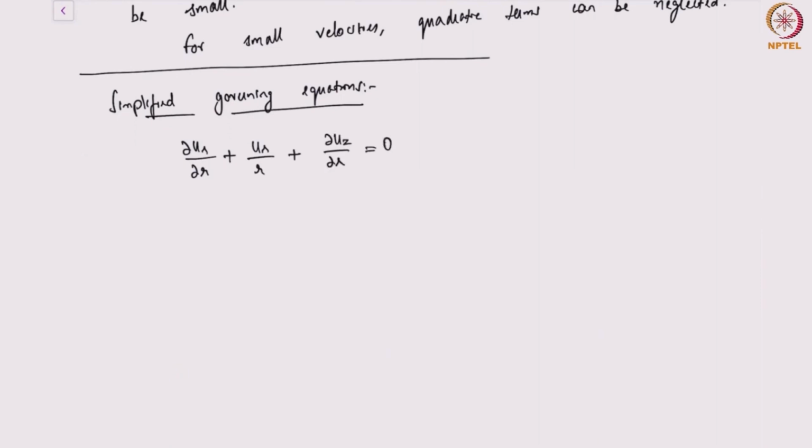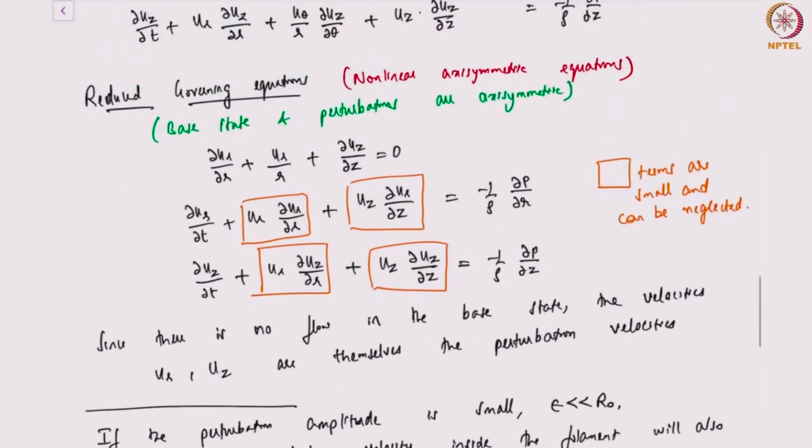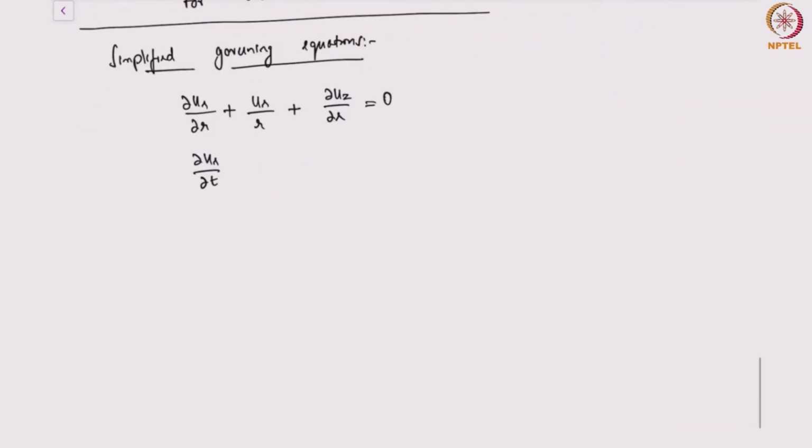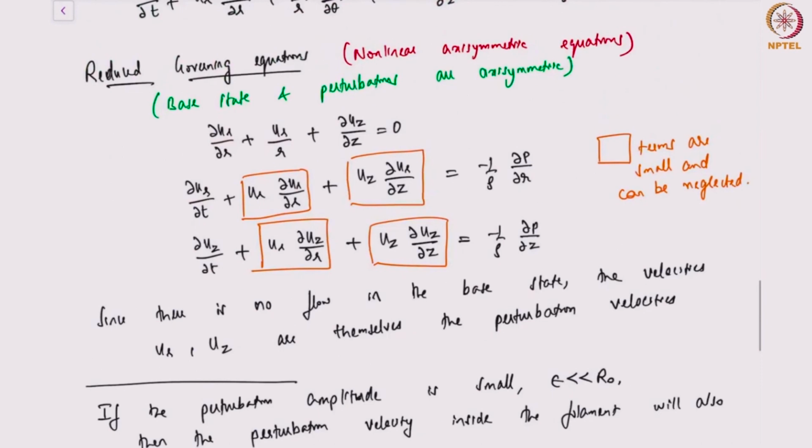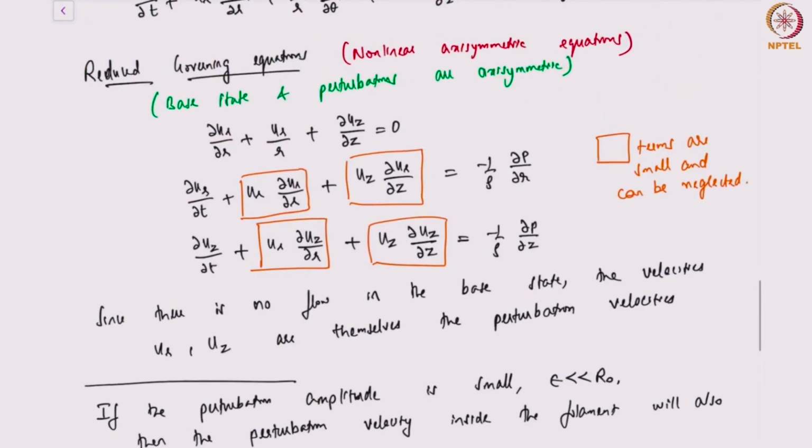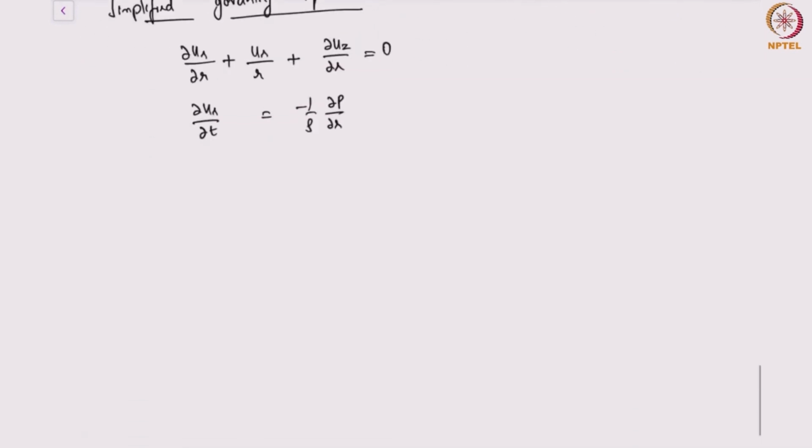Several terms drop out in the momentum equation. So if you look at the r momentum equation, you have the time derivative and only the pressure term on the right hand side. And the same is true for the axial momentum equation.